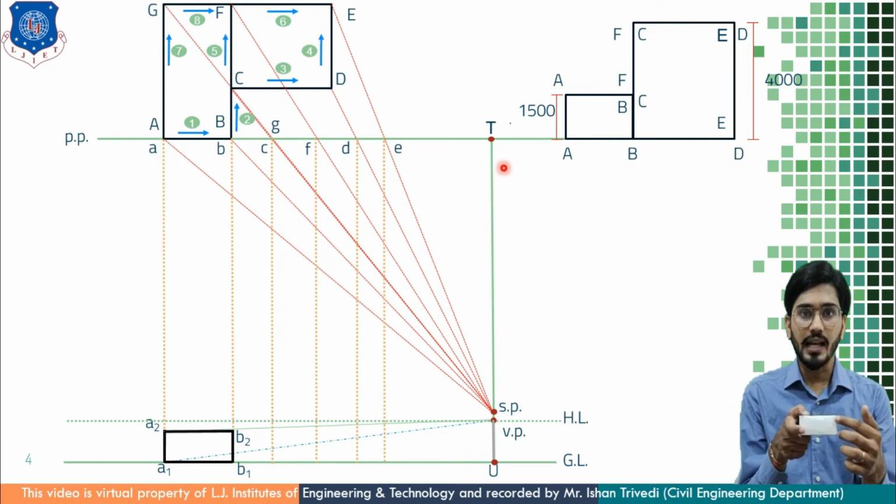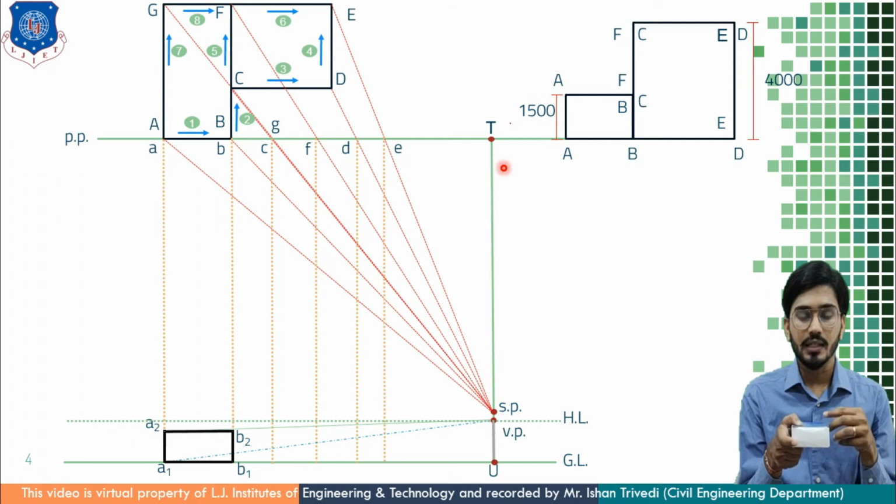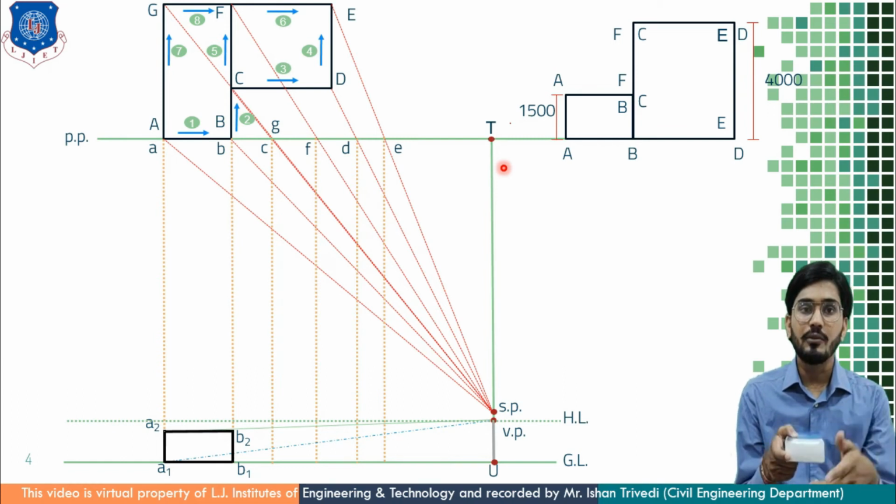This horizontal line will remain as it is. This is also a set of horizontal lines, but in one point perspective, what we have studied, one horizontal line and one vertical line component will remain parallel to each other, and the second component, this one by depth, will merge at a point, and here I am doing the same thing.